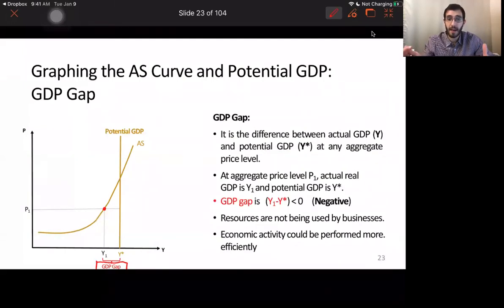That gap is negative in this case because the formula for the GDP gap is the current level of production minus where we want to get. Since Y star is bigger, because it's further along the x-axis, this number is going to be negative. So whenever we see a negative GDP gap, that means unemployment is higher than it is supposed to be right now. So there's a lot of people unemployed.